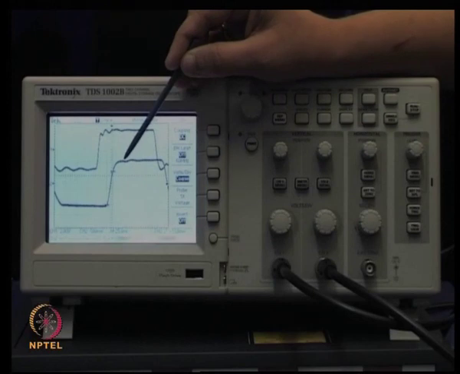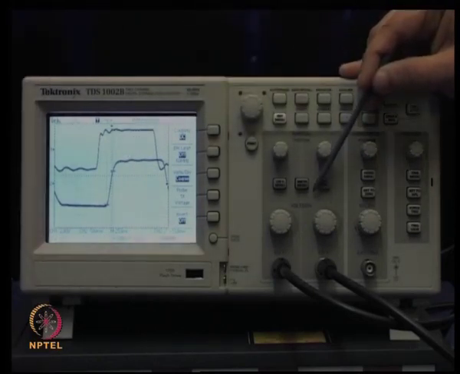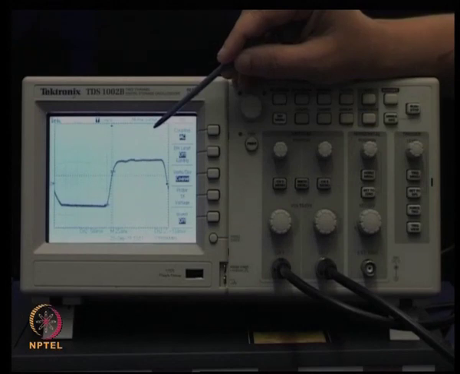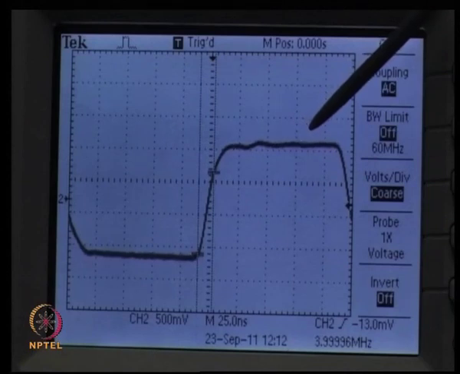Channel 2 is the RF output of the photoreceiver. Here also, now we measure the rise time of the LED.